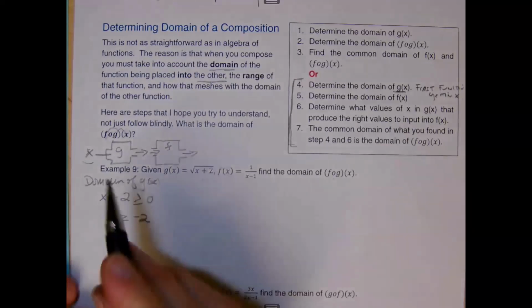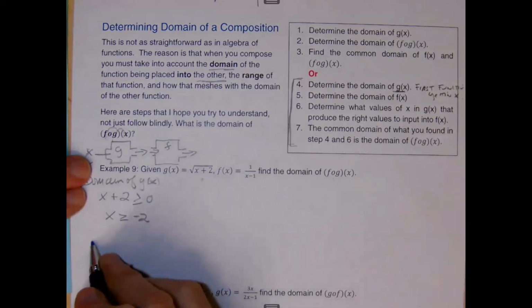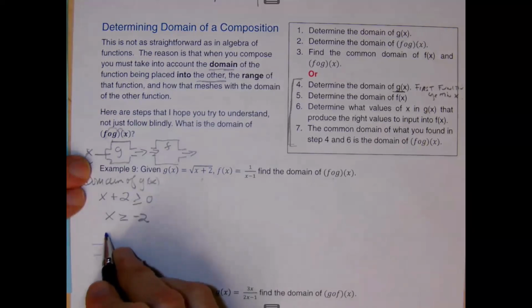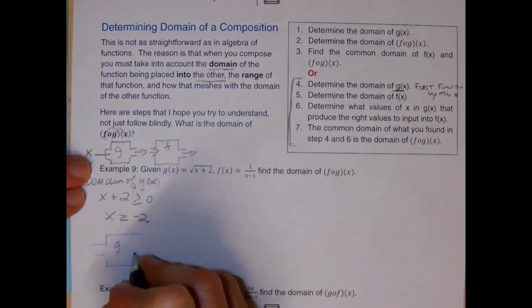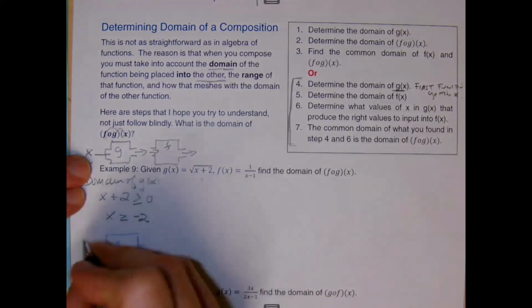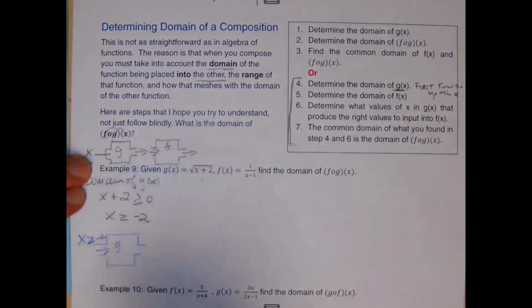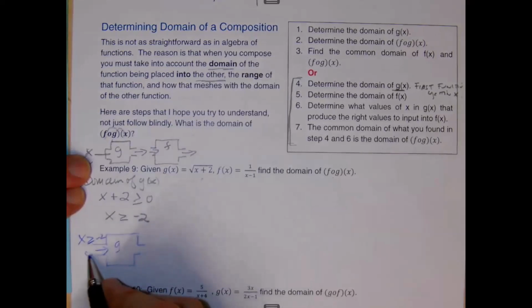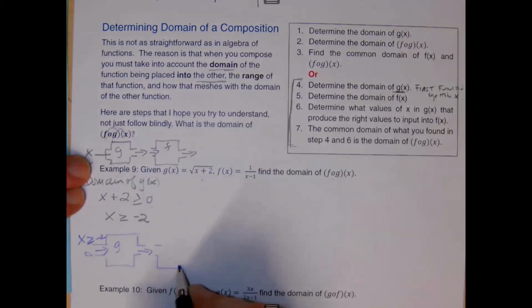In other words, the only thing that's going to go inside this function right now, if I were to draw a nice little picture of it, I could draw g. Here's my input, and this is the only thing that's going to be allowed in here. And that's going to now feed another function, f.